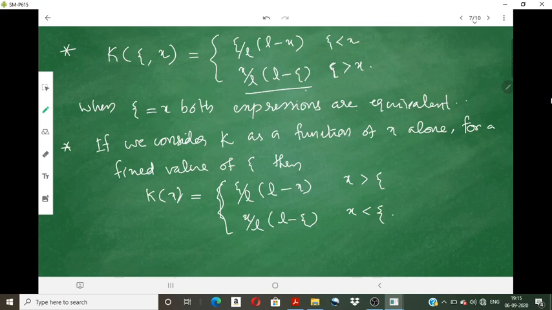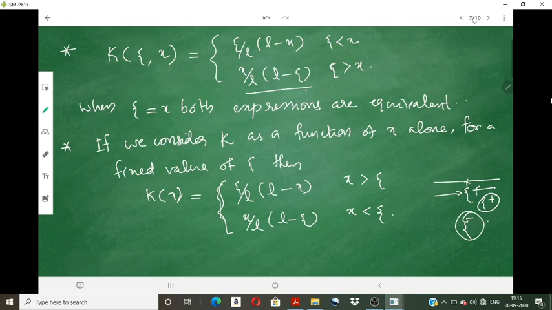So theta is some fixed point. If x is greater than theta, we are considering values on the right, theta plus, and when x is less than theta, we are approaching theta from the left, so that is theta minus.